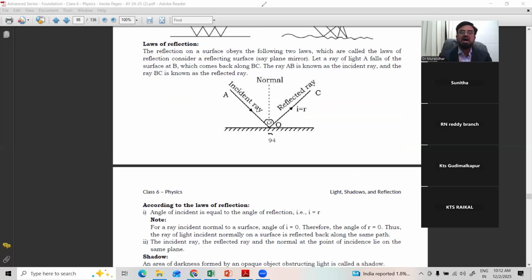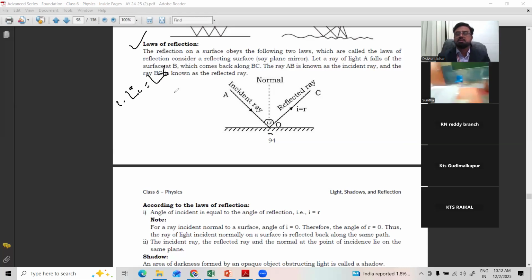See here. After observing all the terms, we came to one conclusion. The conclusion about all the terminology of reflection is called the law of reflection. This law says there are three laws. One, the angle of incidence is always equal to the angle of reflection. Very, very important.